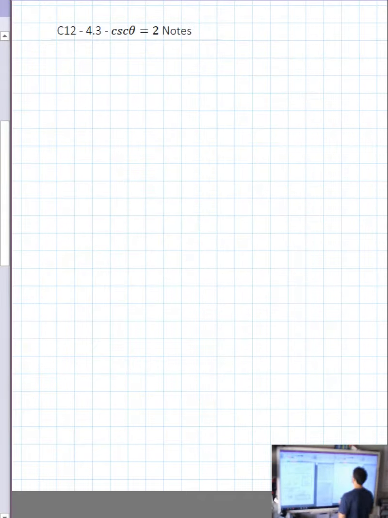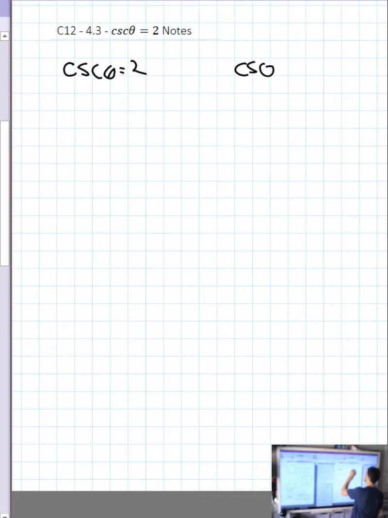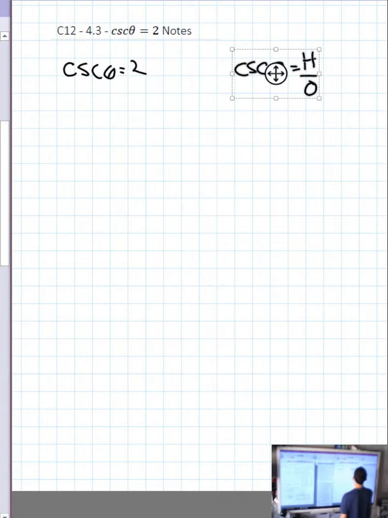Okay, cosecant. CSC theta is equal to 2. Well, what does that mean? CSC theta is equal to hypotenuse over opposite, the flip of what sine is equal to.